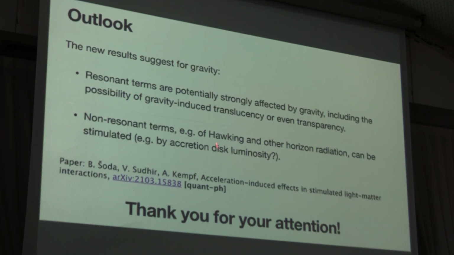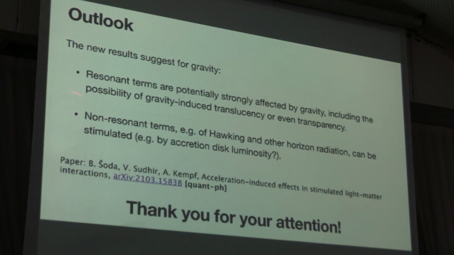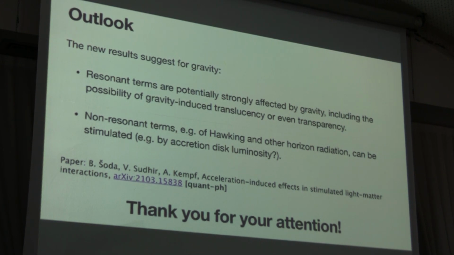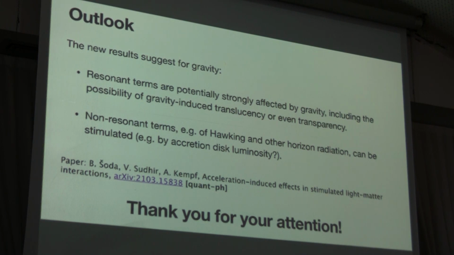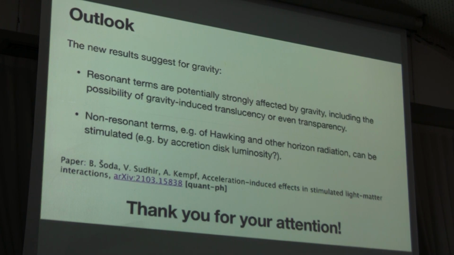And also, we showed that we can stimulate the Unruh effect, and the Unruh effect is very similar to the Hawking effect. So maybe we can also stimulate the Hawking effect, for example, by particles that can be found on the accretion disks. So you basically need the presence of photons in order to stimulate these non-resonant effects, and maybe that also happens near black holes, but that's left to be investigated.